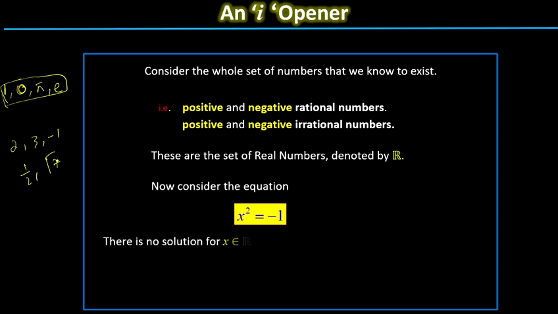Now consider this equation. If I ask you to solve x² = -1, if you are working under the domain of real numbers only, you should say, sir, no solution. It's not possible. But that's why we've introduced a new type of number with the name of imaginary numbers.